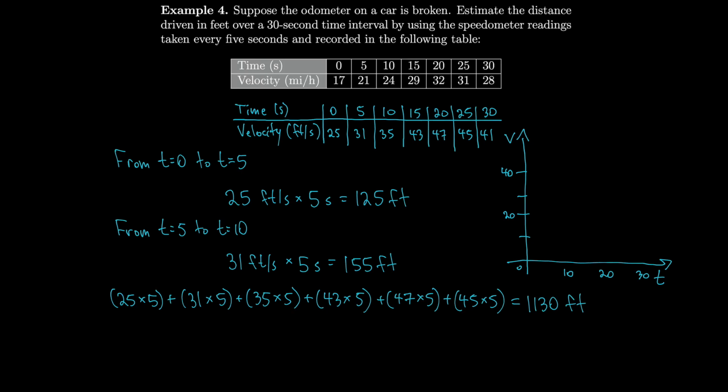So we start at 25, so we start over here. Then after 5 seconds, it's 31. So let's say somewhere over here, and so on. We just make a nice little dot plot of our data.